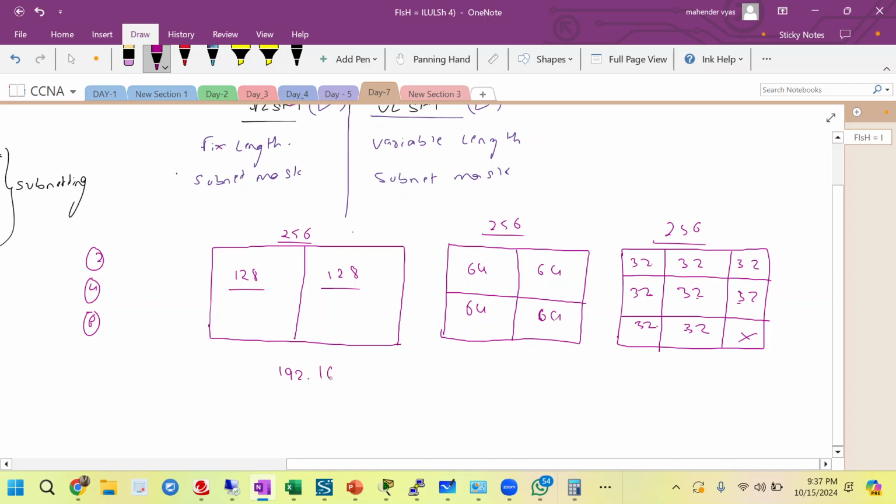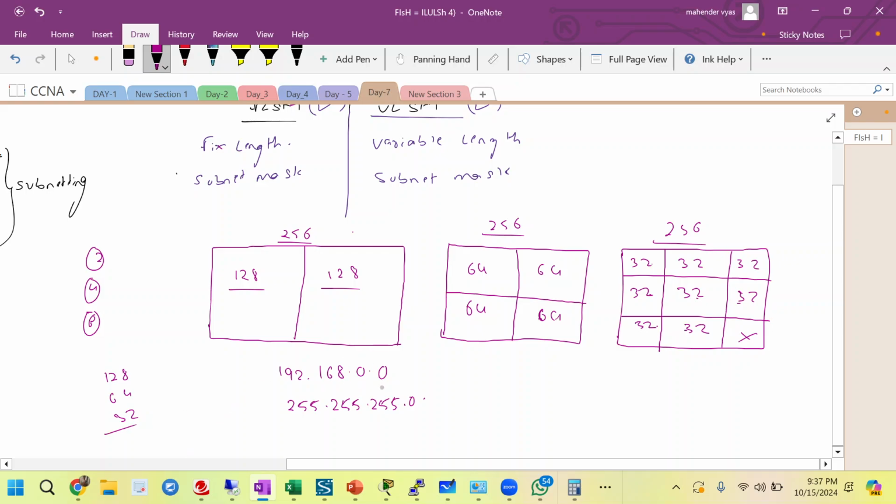So what I am trying to say, whenever you have any address, suppose I have one address 192.168.0.0 and the subnet mask is 255.255.255.0. Whenever I am using FLSM, my requirement should be 128 users or 64 users or 32 users, like that.